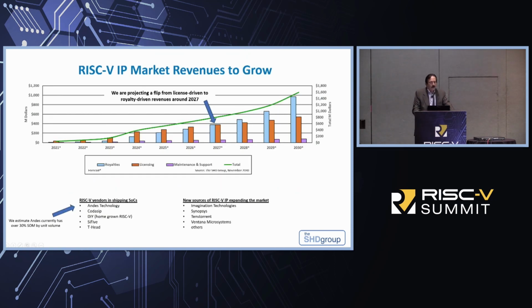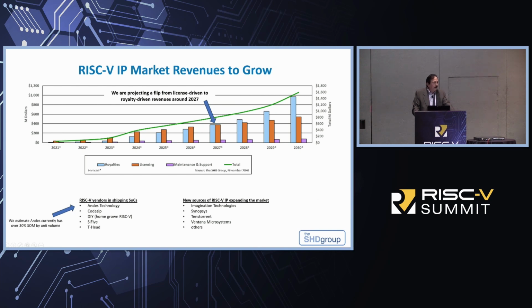Now this chart looks at the RISC-V IP market by royalties, revenues, or licensing and maintenance and support revenues. And as you can tell, in the early years it's fairly small revenues, early days. And as time has moved on, the revenues for licensing and maintenance and service grow.